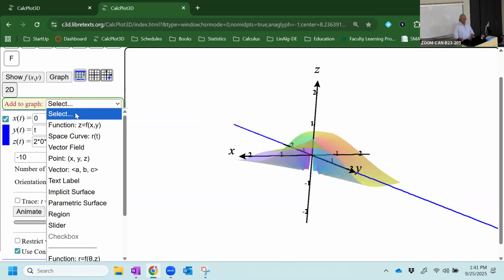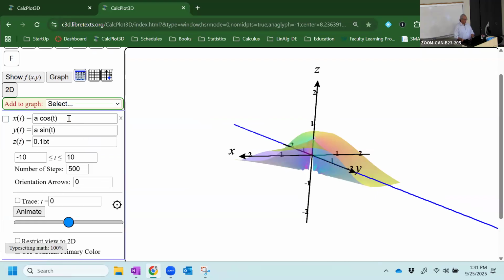So now I'm going to see what happens with the diagonal. So x and y are the same, but I can't use x and y here, right? Because I have to use a parameter. So I'll put x is t, then y is also t.